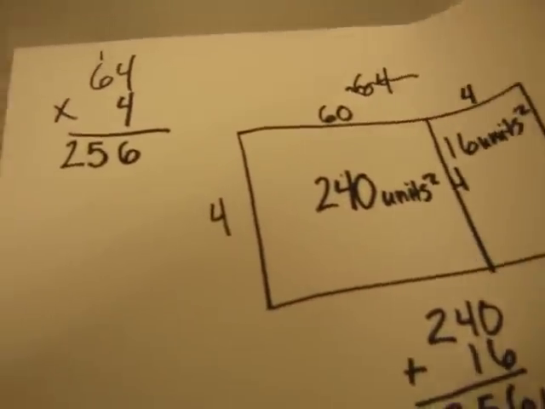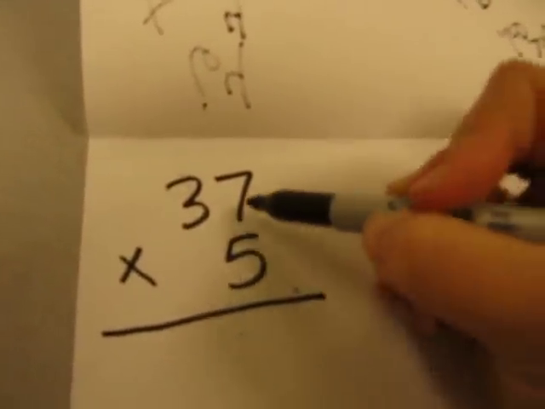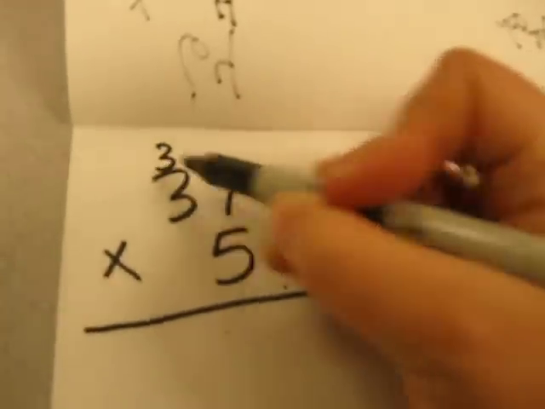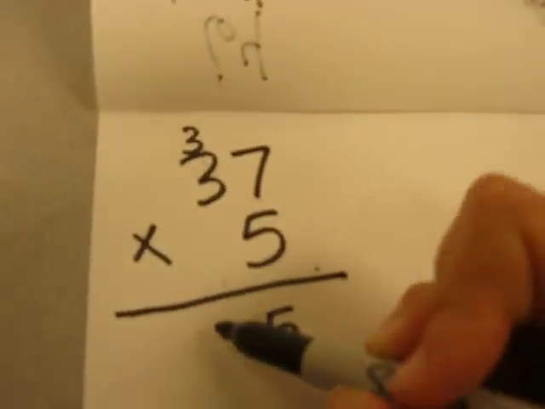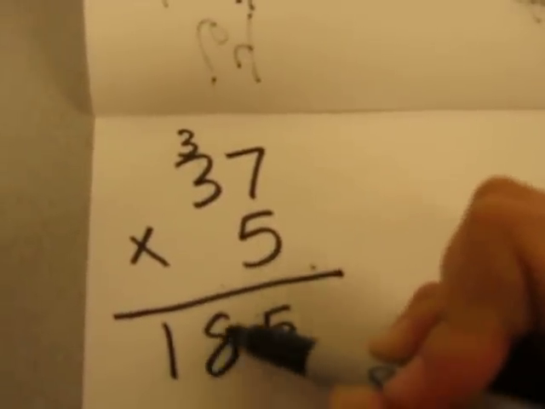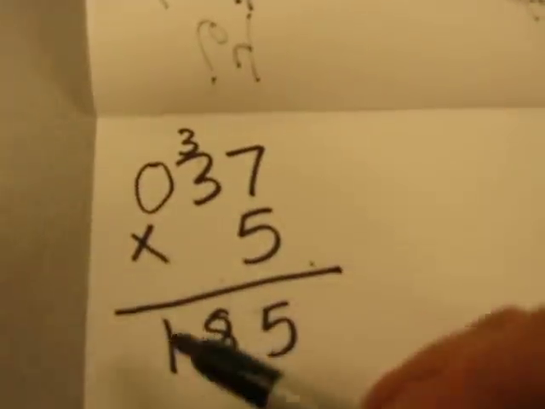Here's another example. For this one, we'll do 37 times 5. 5 times 7 is 35. 5 times 3 is 15, plus 3 more is 18. Again, use that little shortcut way because I know a 0 is here. So 185.